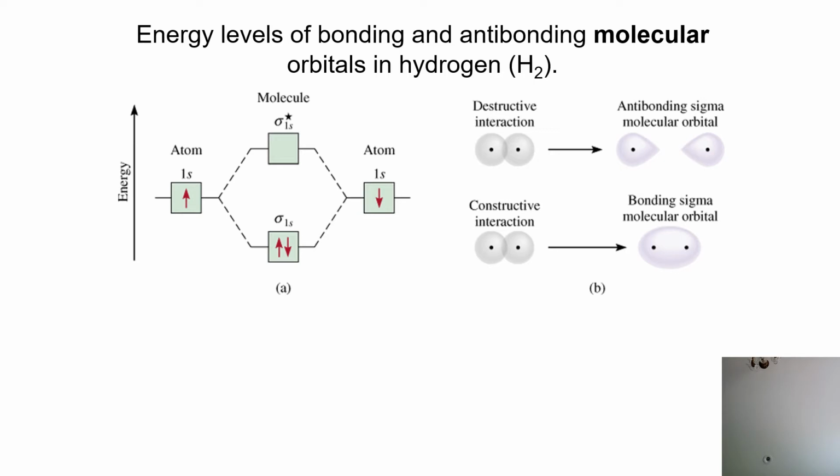So, for example, in this diagram, we have two pure atomic orbitals, and we're going to say this is a hydrogen atom, each with one electron. And these pure atomic orbitals are going to combine and form two molecular orbitals.